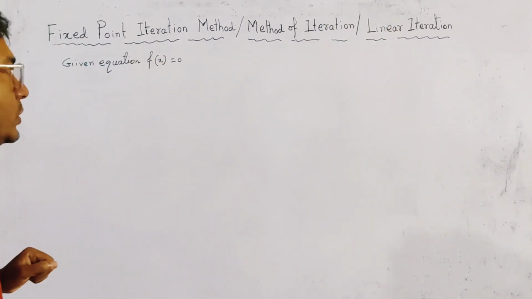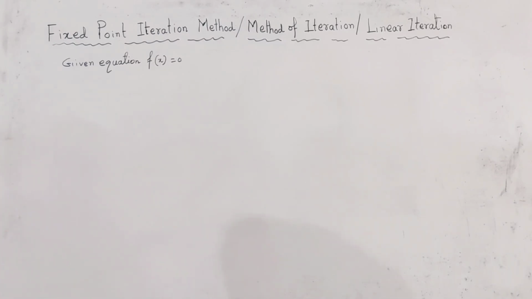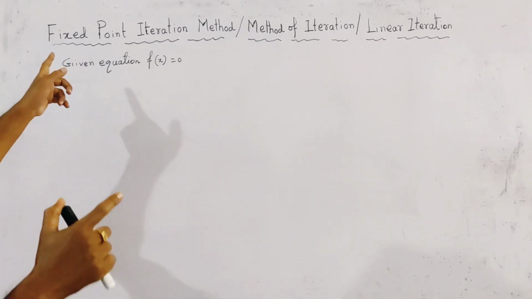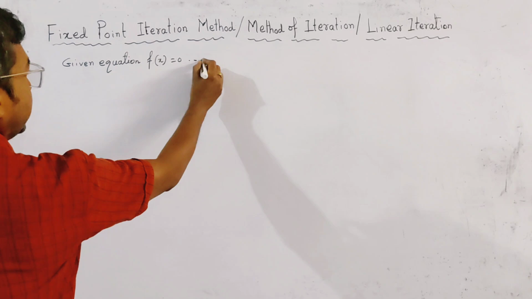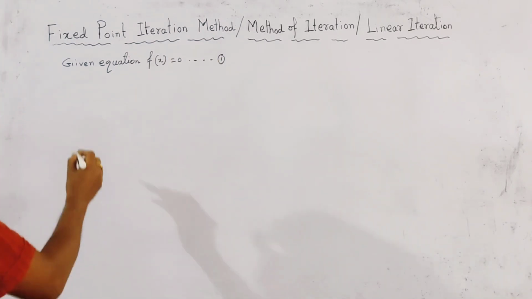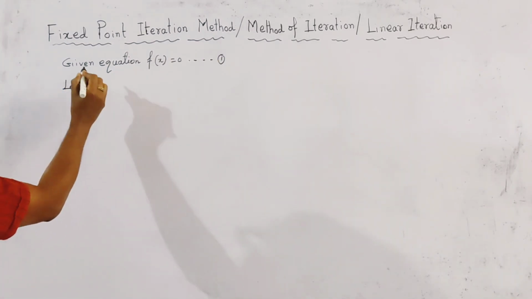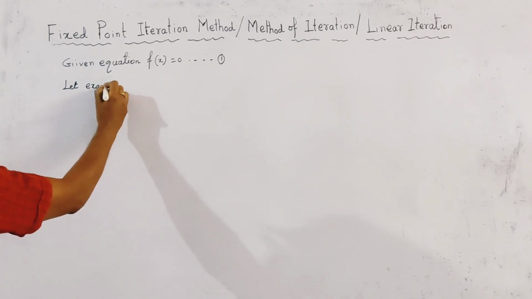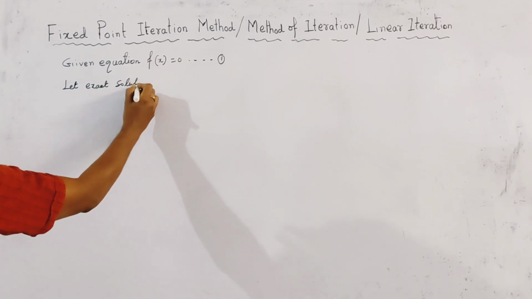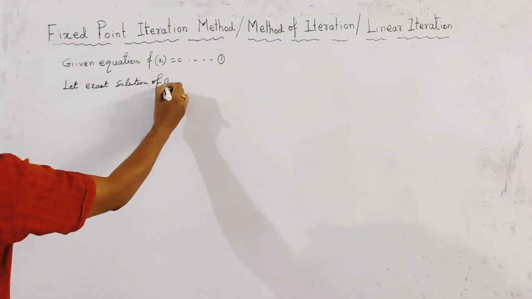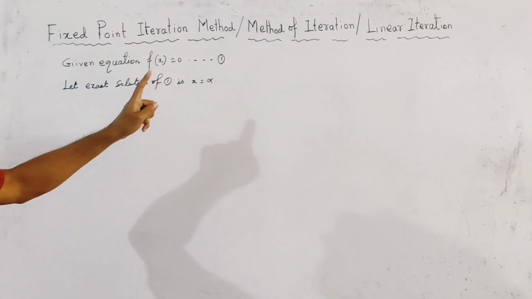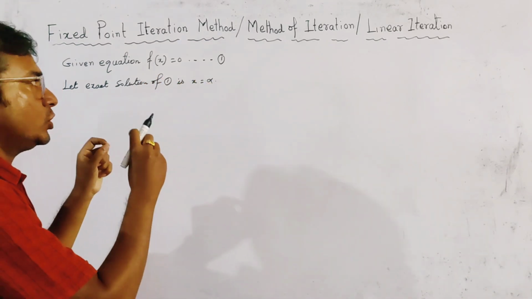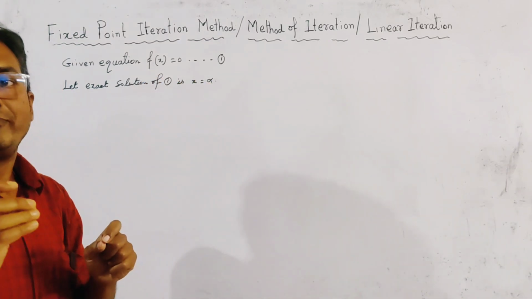Now we go to the method of iteration. Here the given equation is f(x) = 0. Let it be (1). Let the exact solution of (1) be x = alpha, but we do not know the value of alpha.